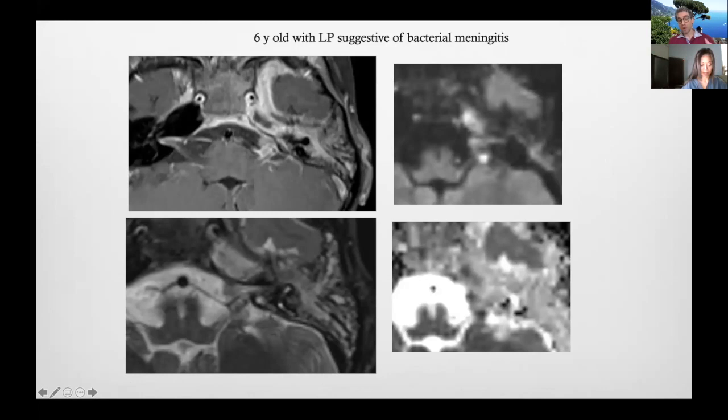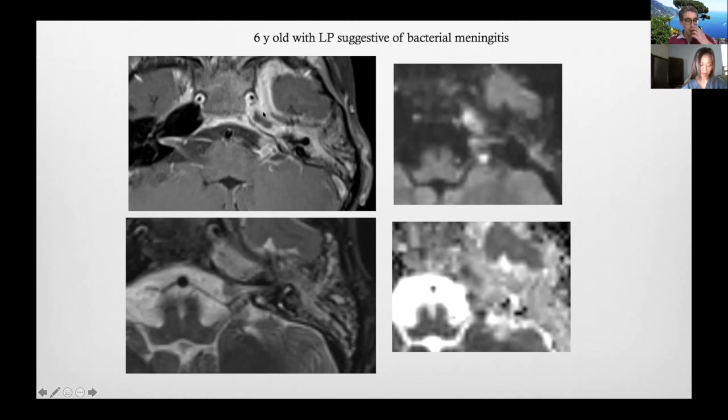Another infective involvement of the petrous apex is as a consequence of bacterial meningitis. You can see here the meningitis. You can see the fluid and the inflammation along the skull base, also involving the nerves. But here there is a part that does not show enhancement.